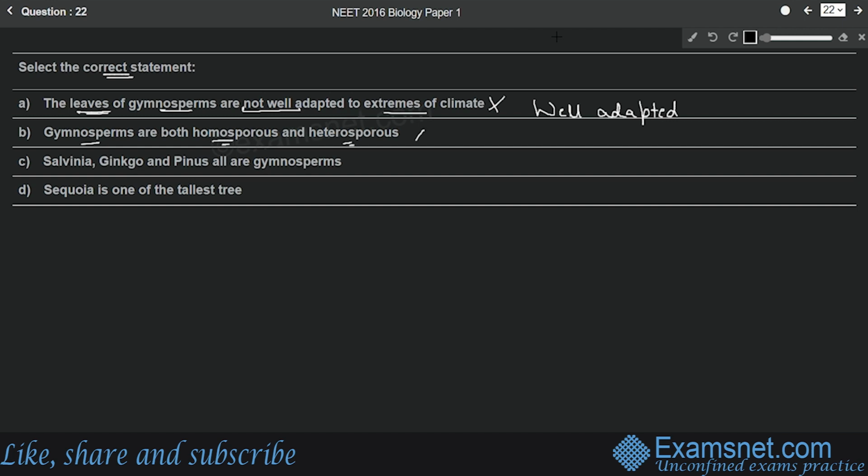So this is also incorrect because these are always heterosporous, not homosporous. Okay. Then the third statement says Salvinia, Ginkgo and Pinus are all gymnosperms. Again, this is an incorrect statement because we know that the Salvinia belongs to which group? Pteridophytes. Okay. It is an aquatic pteridophyte.